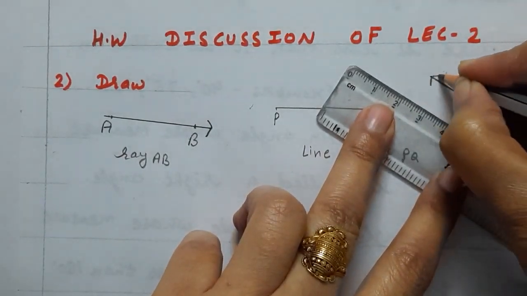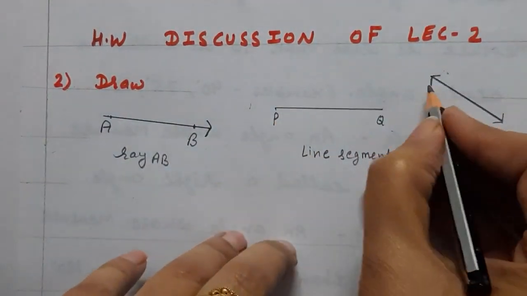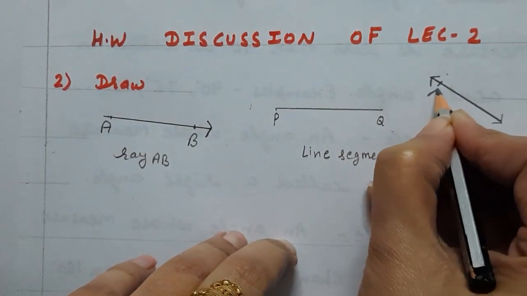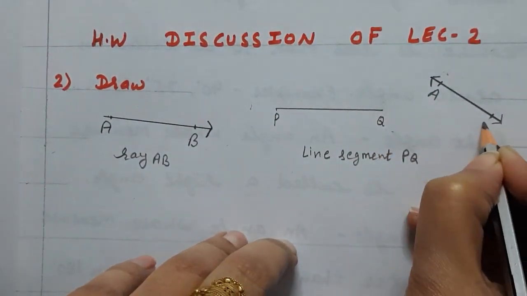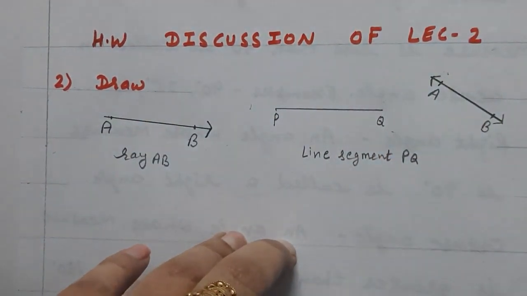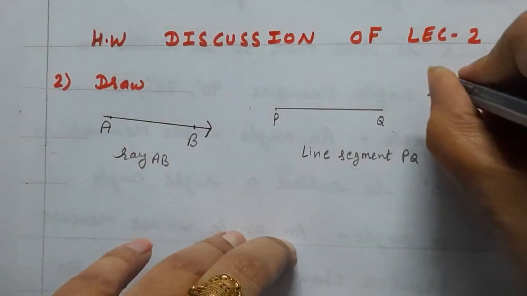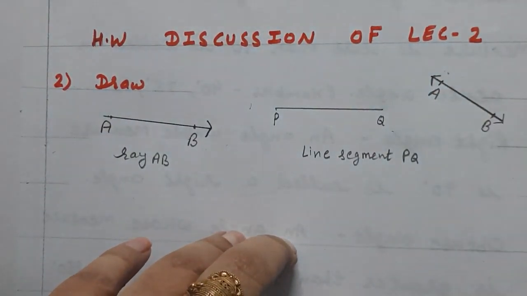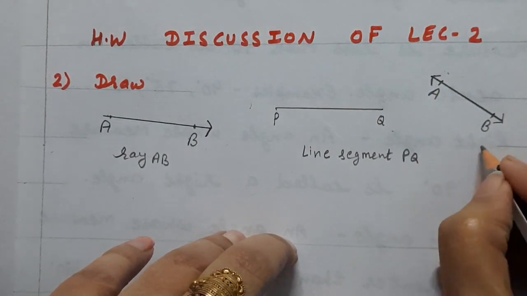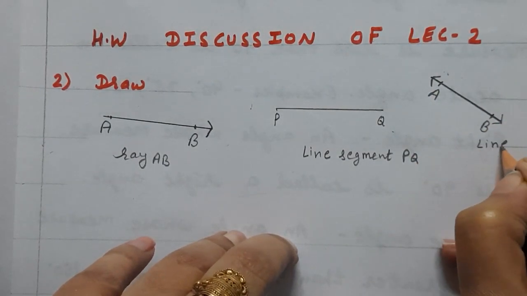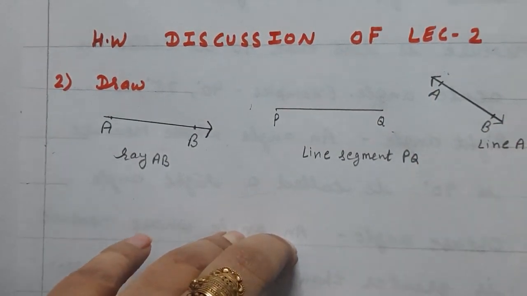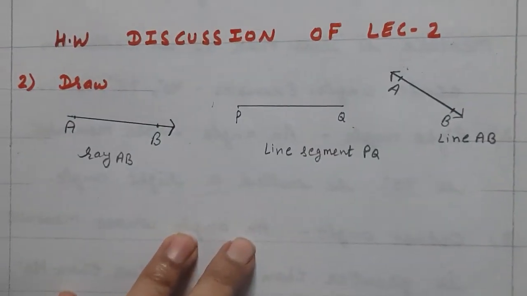If we are putting arrow mark, this is a line. Name A, B. These are just points. Only to represent we have done like this. So it is line AB. Okay, beta.